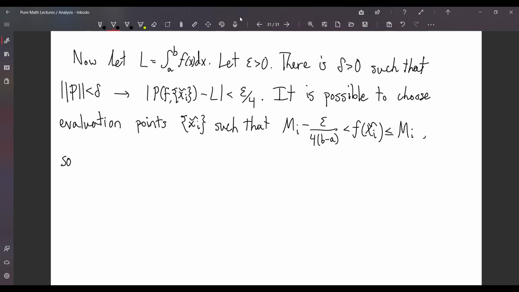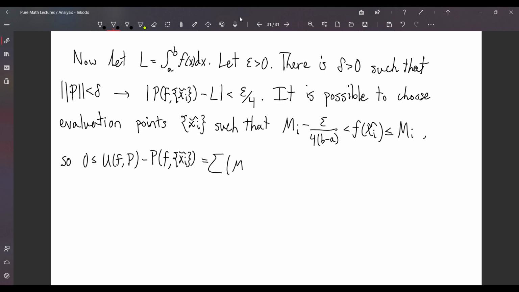And so what we have in this case is that the upper sum minus the Riemann sum with respect to this choice of evaluation points is going to be equal to, right? So remember, the upper sum is exactly the sum of m sub i times delta x sub i.